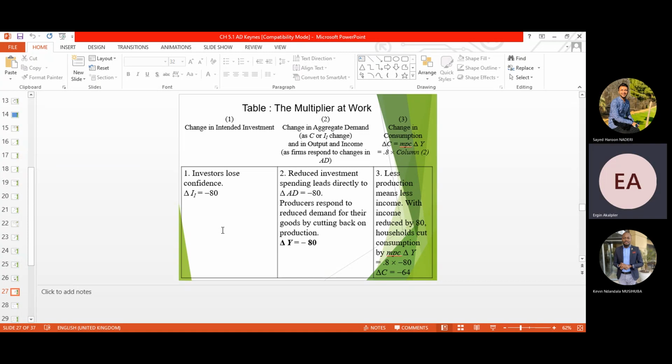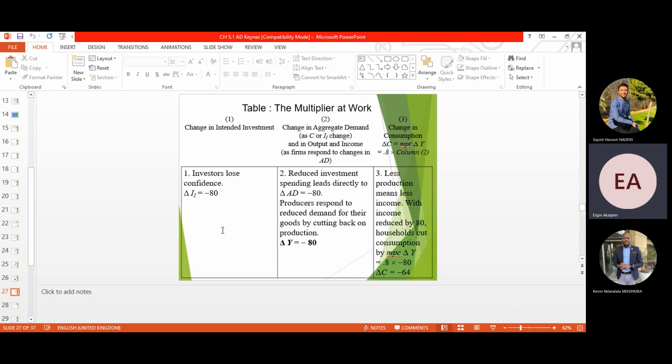As you observe, it is approximately minus 64 units reduced, because 0.8 multiplied by minus 80 will give you this minus 64 units of reduction in consumption. The consumption equation is C equals A plus B y, where A is the autonomous consumption and B is the marginal propensity.